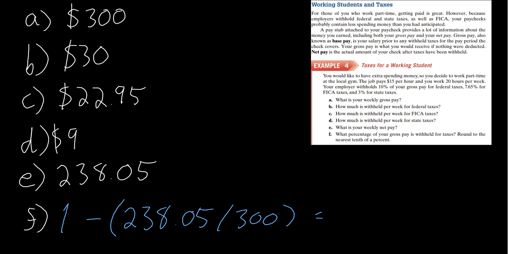This is round to the nearest tenth of a percent, and it wants percentages, right? That's not an equal sign because it's not necessarily equal to it. We're just going to put an arrow sign because that's what it means, and it's 20.7%. So my little part-time job, I'm paying about 20% of my paycheck to taxes.